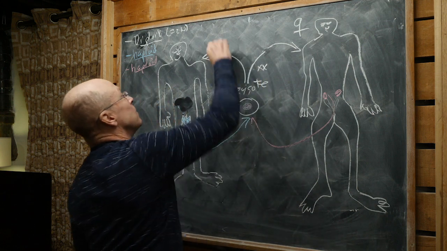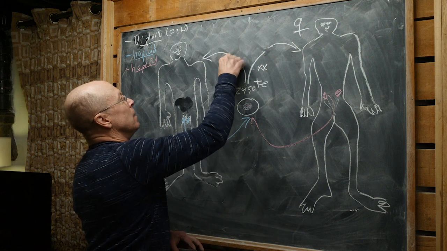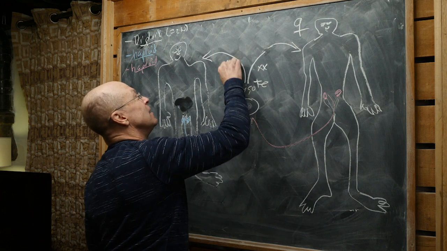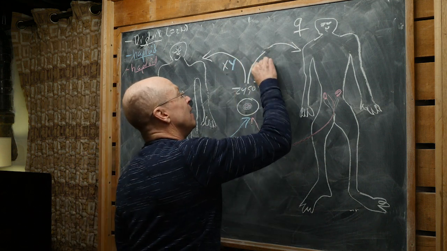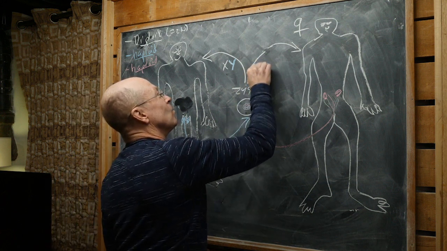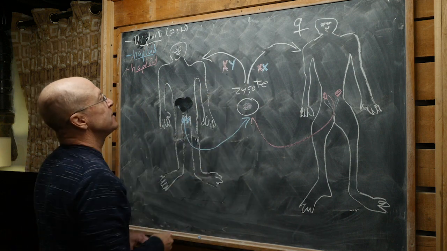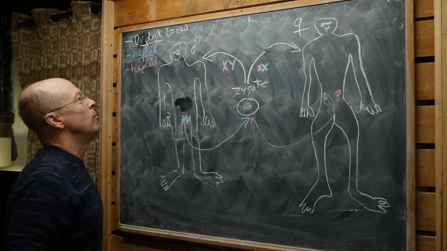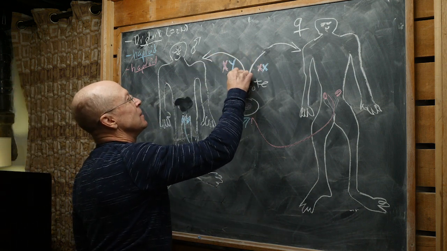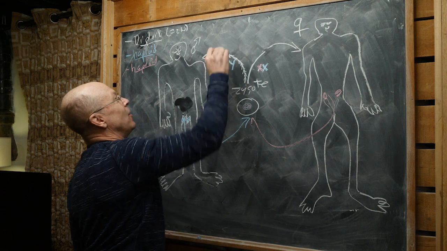Over here is the process also of going from having an XY condition. Matter of fact, I should do this. Okay. There we go. So here we have an XY situation growing into the male Homo sapiens, and it's these processes here, which actually we should highlight with many, many, many arrows.